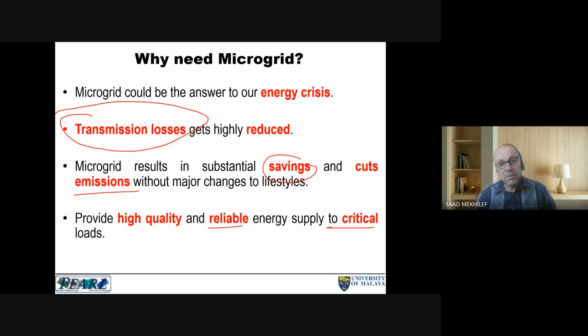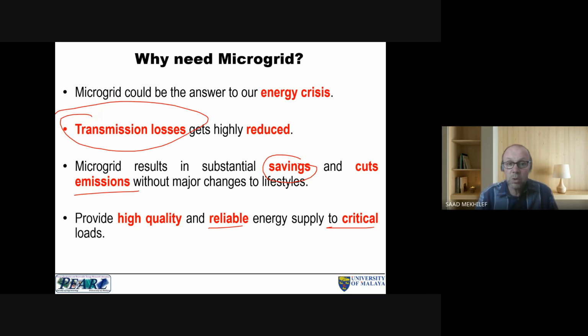Loads, for example, lights, air conditioning, or a washing machine. For example, you are washing, and suddenly the power cuts off. What will happen? The washing machine stops. Are you going to die? No. If the light goes off, are you going to die? No. But there are some critical loads.